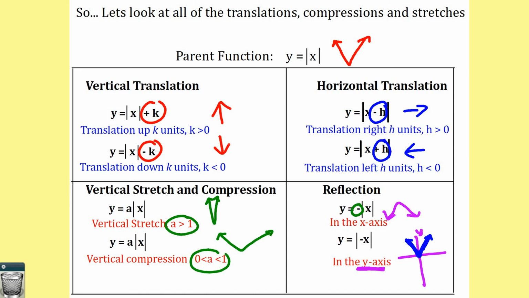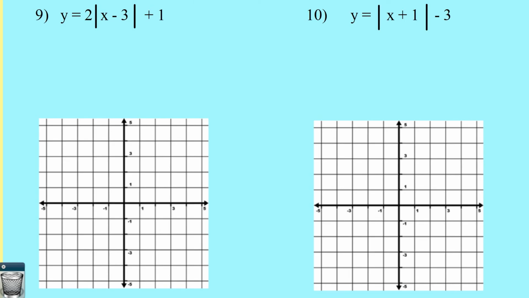So let's look at some examples. We can name the translations for these. Let's start with the outside. The outside tells us we are going to go up 1. The inside is going to tell us we either go left or right.